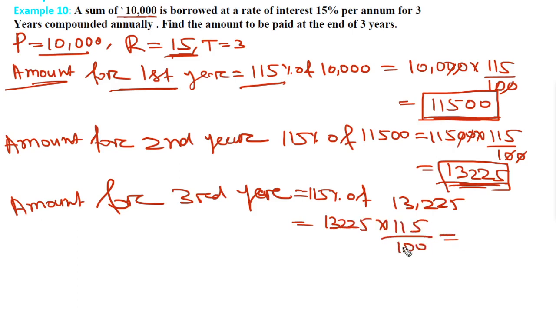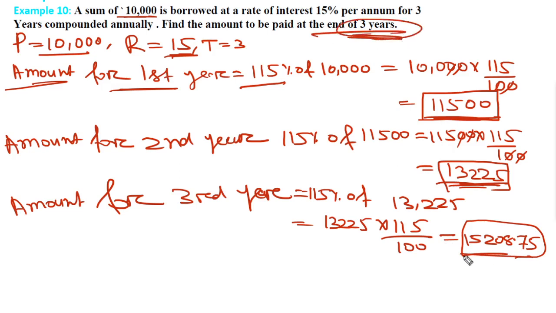Now no zero will be cancelled, so it will be 15,208.75. So this will be the amount for the third year. So this much amount you have to pay in order to close your account.